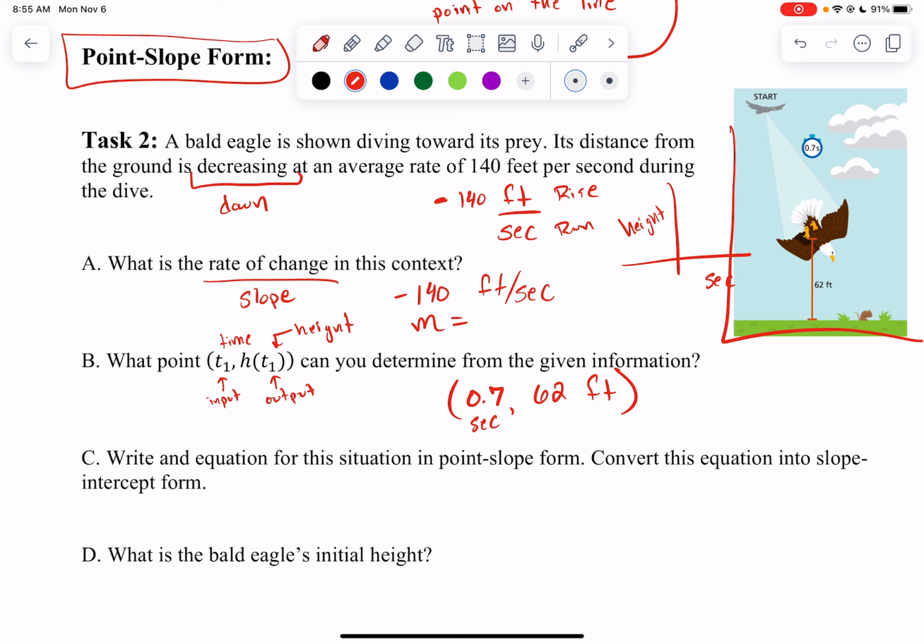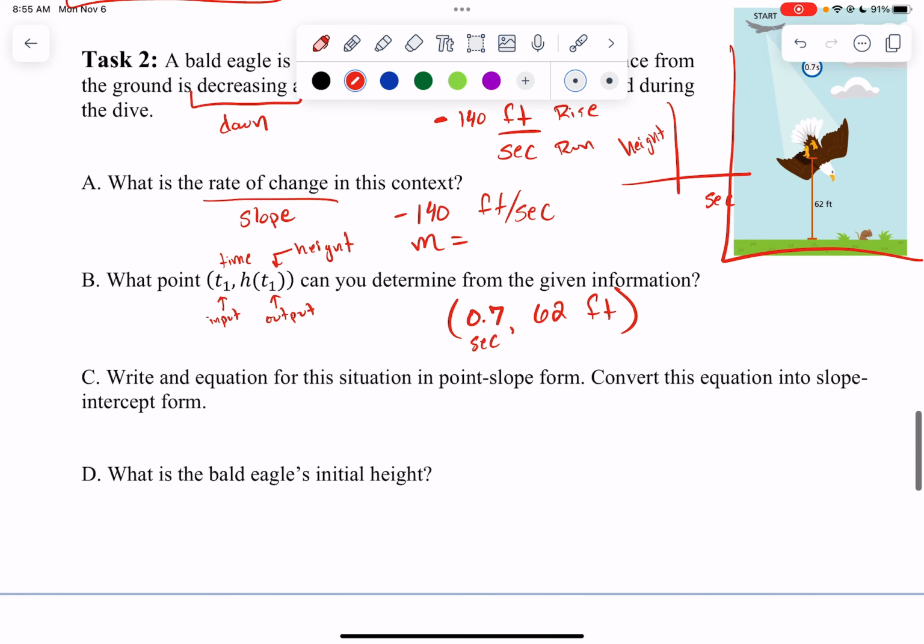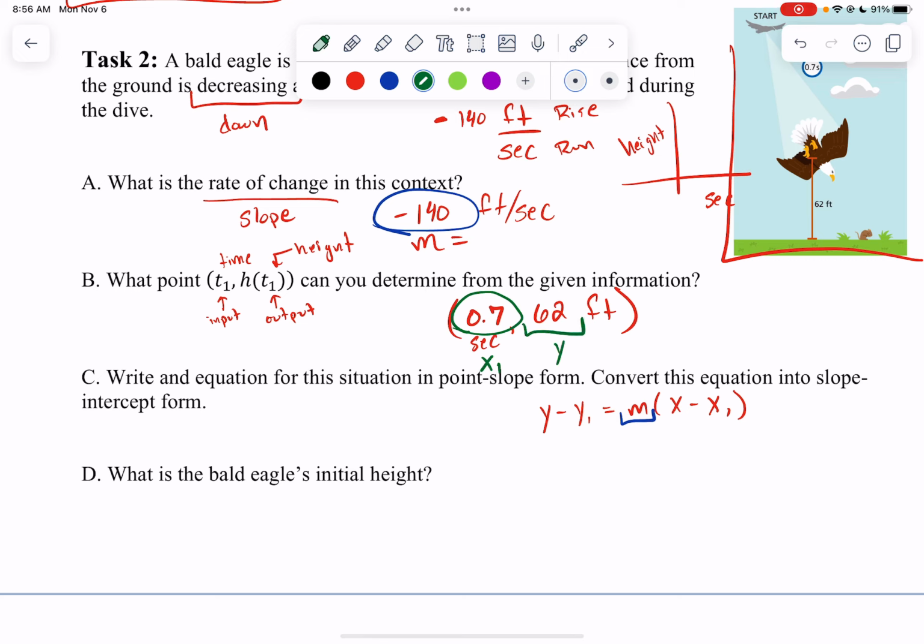The first thing I'm going to do, I didn't leave enough room for this, so we'll do it off to the side here, is write down y minus y sub 1 equals m times x minus x sub 1. I am going to plug the slope of negative 140 in here for slope. And then I'm going to plug 0.7 for x sub 1 and 62 for y sub 1.